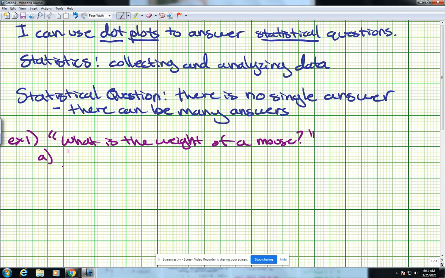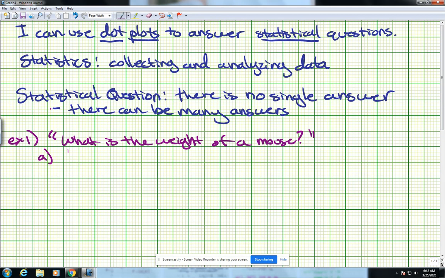In item A, we need to figure out, is this a statistical question? Remember, for a statistical question, there is no single answer. There can be many answers. If I asked a group of people, what is the weight of a mouse, would we get one answer every time, or a ton of different answers? We'd probably get a ton of different answers because every mouse is a little different. Depending on how much cheese you've eaten, of course.